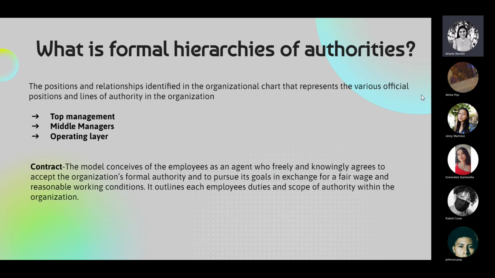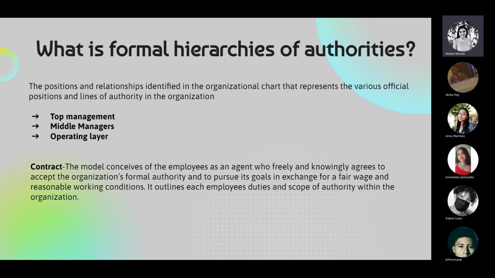What are formal hierarchies of authorities? Formal hierarchies of authorities are positions and relationships that are identified within an organization. They display the lines of authority in the organization and the positions they play. So at the top we have the top management, we have the middle management afterwards, and then we have the operating layer.